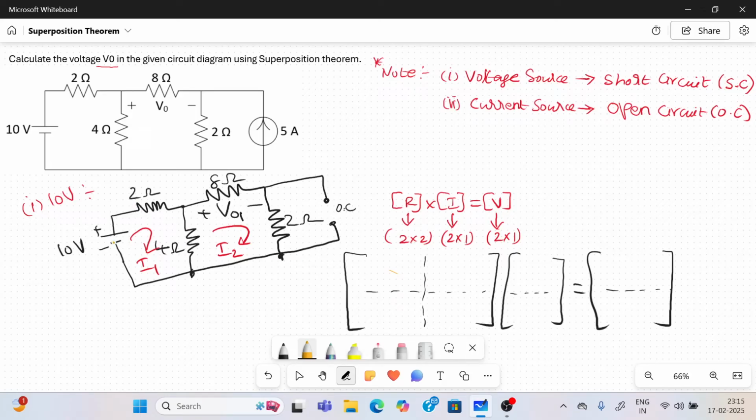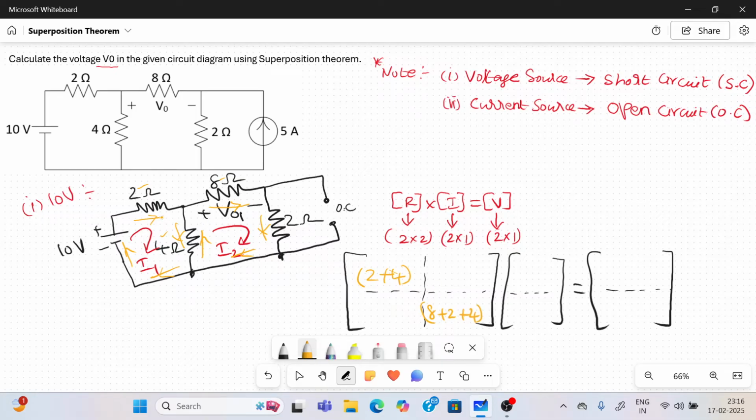This is your mesh 1, with the direction like this. What are the resistors? 2 and 4. Add both: 2 plus 4. Coming to mesh 2, what is the resistance in mesh 2? 8 ohm, 2 ohm, and also the 4. So 8 plus 2 plus 4.